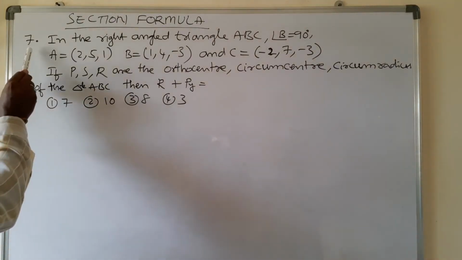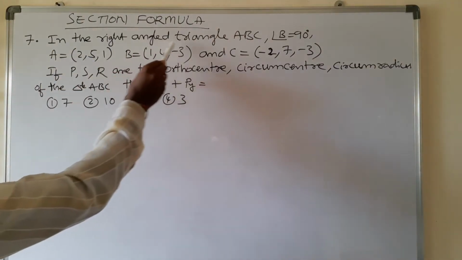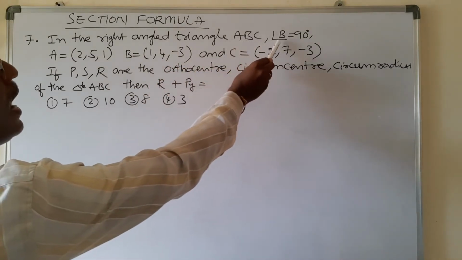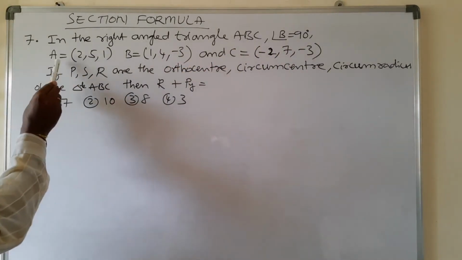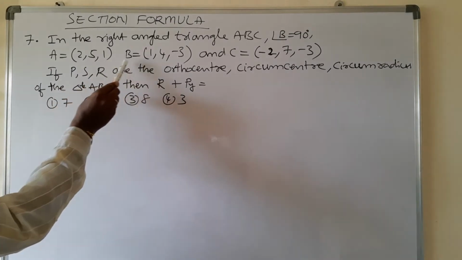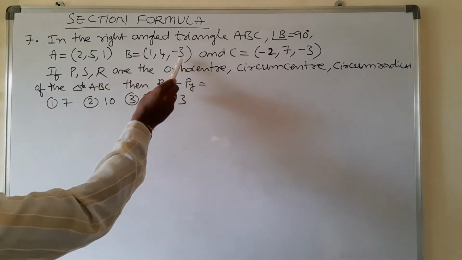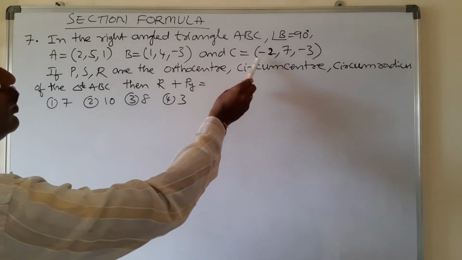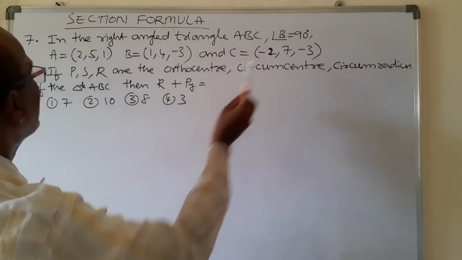Question number 7. In the right angle triangle ABC, angle B equal to 90 degrees, A equal to (2, 5, 1), B equal to (1, 4, -3), and C equal to (-2, 7, -3).